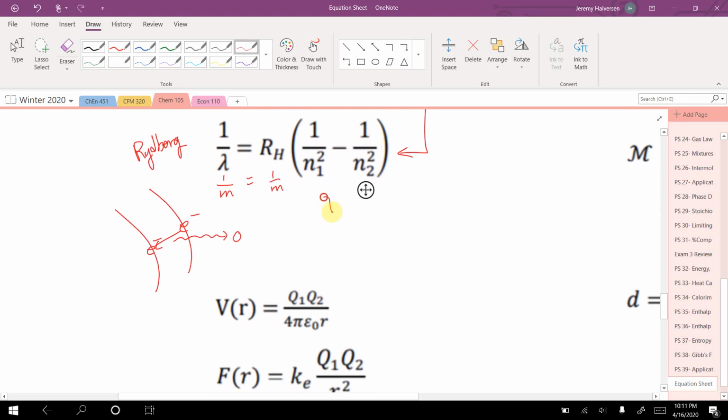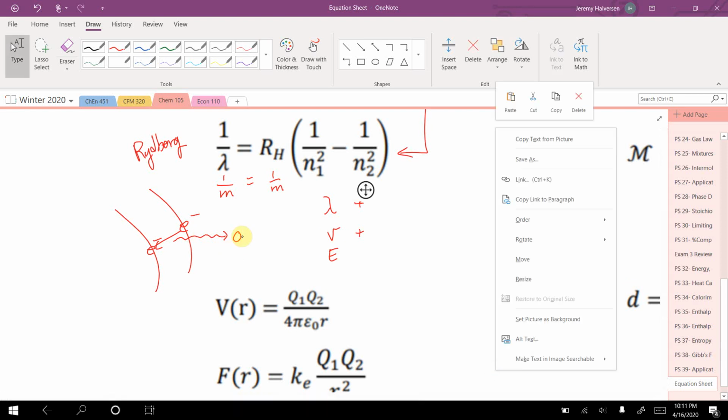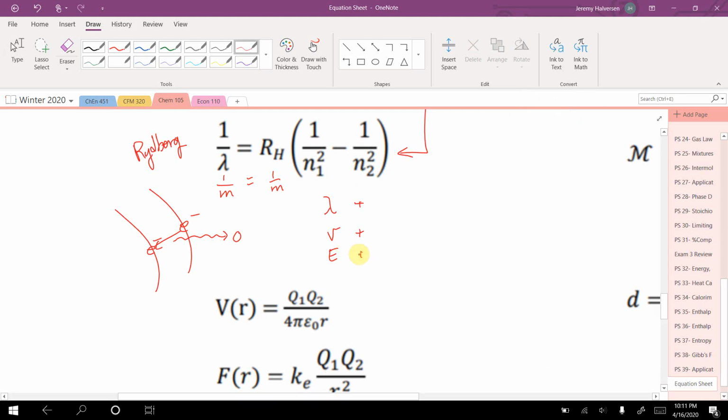If I'm solving for a wavelength, that should be positive, right? It's a length. If I'm solving for a frequency, that should be positive. If I'm solving for the energy of this photon, so I get the wavelength and then convert it to energy, a photon has to have positive energy. The time it can be negative is when I'm finding the change in energy of this electron.